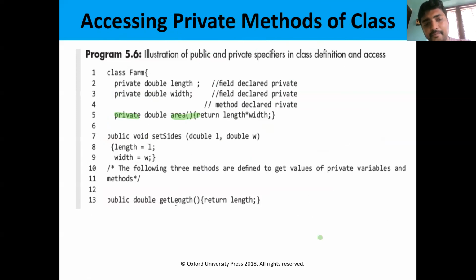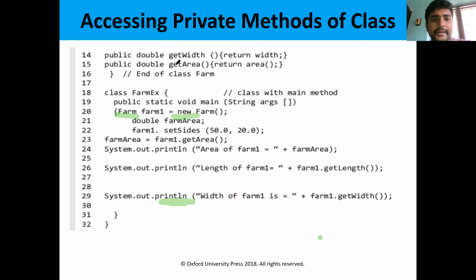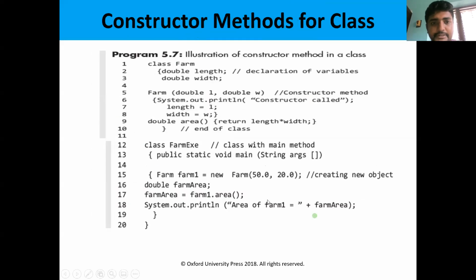By using these get methods, we can access the private members, whether it is a variable or a method. Both private class members can be accessed by using the public get method. This is one important thing in classes and objects.